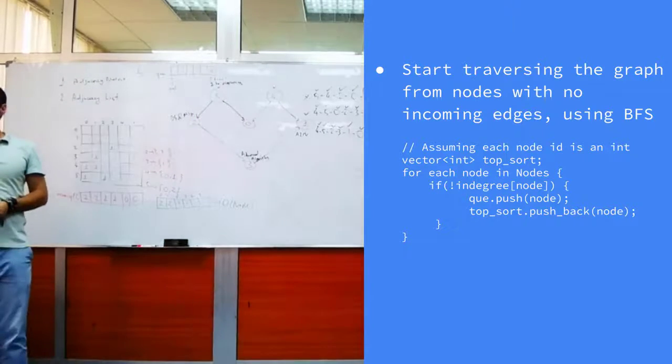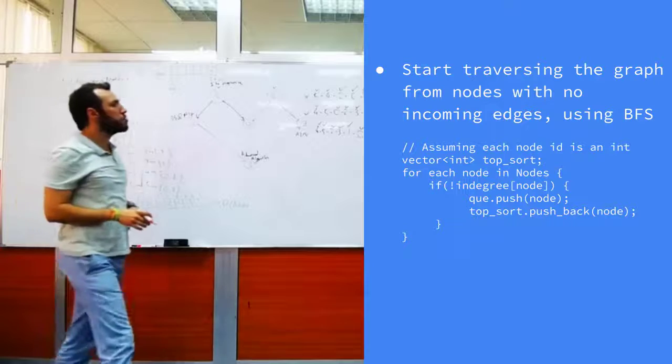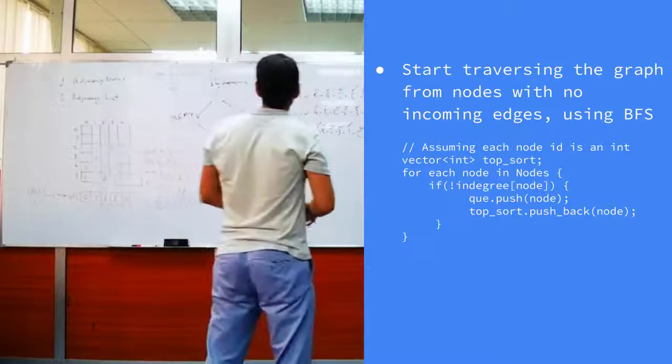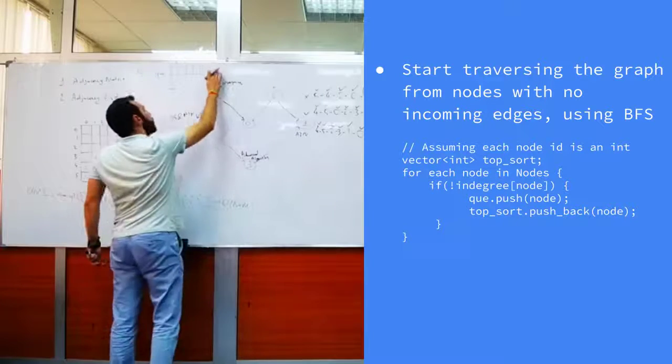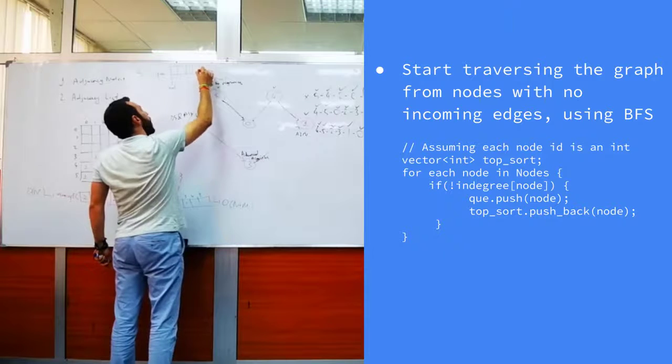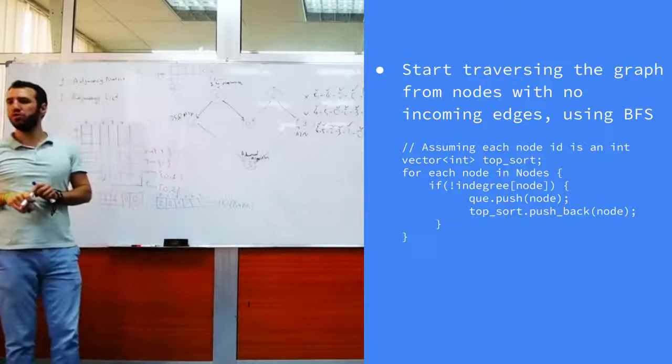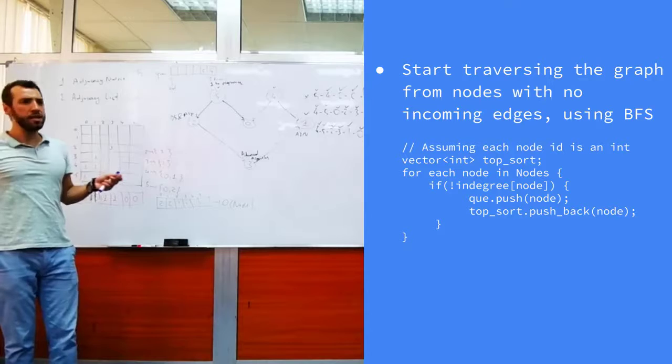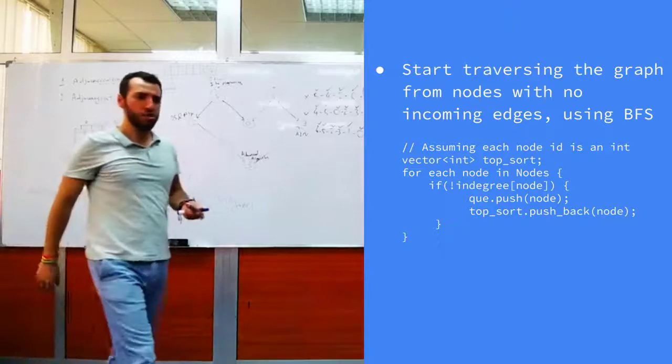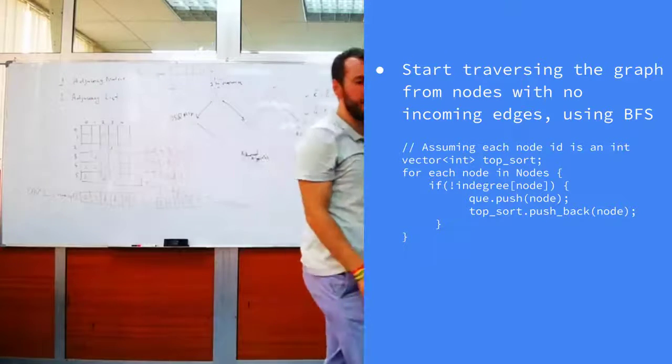Our queue is going to have, let's say we start from 0, so it's going to have first 4 and then 5 inserted into the queue. I think it's clear up to this point, right? So let's continue with the next step.